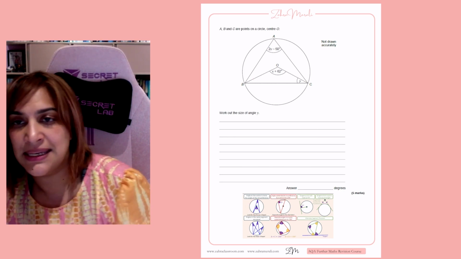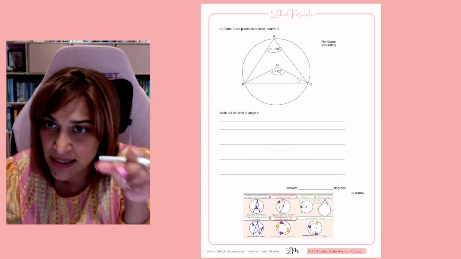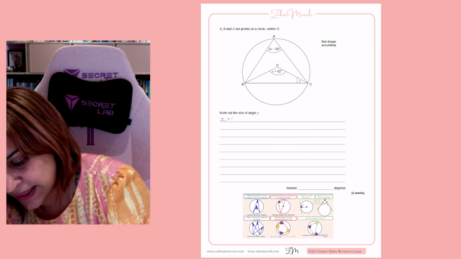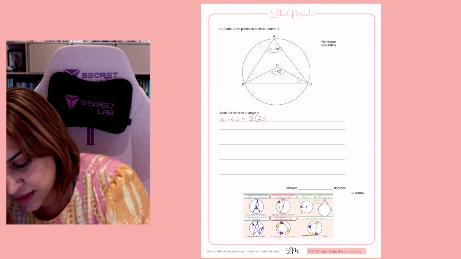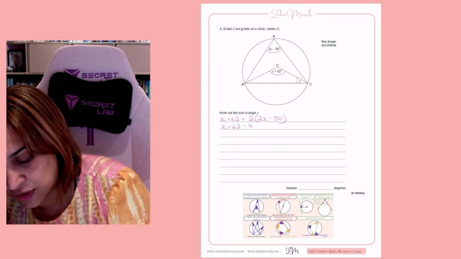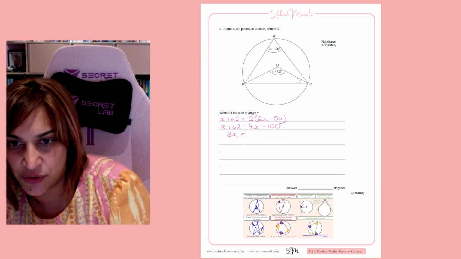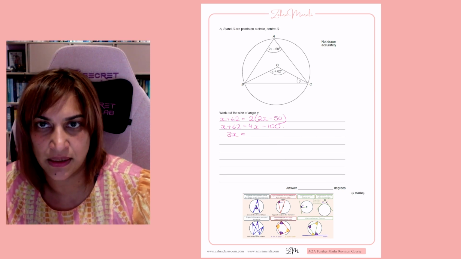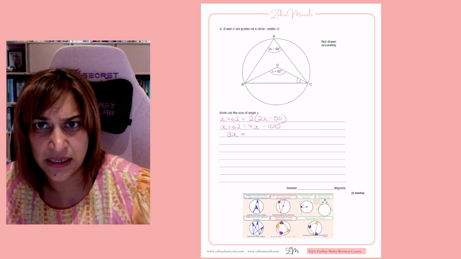Now the arrow rule is that the angle at the center, which is x plus 62, is twice the angle at the circumference. So if we open this all out, we'll be able to solve it for x.